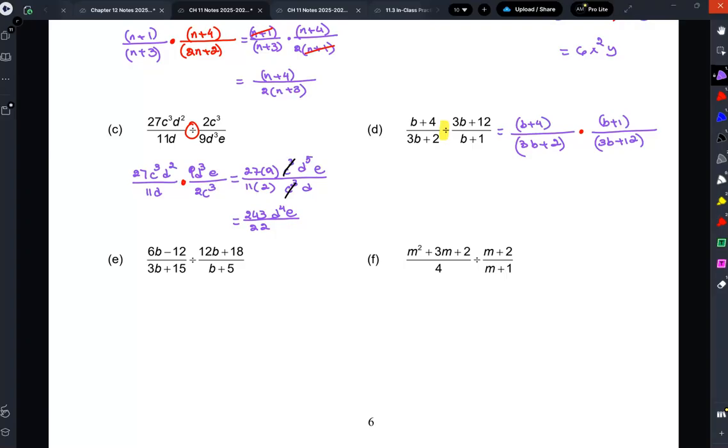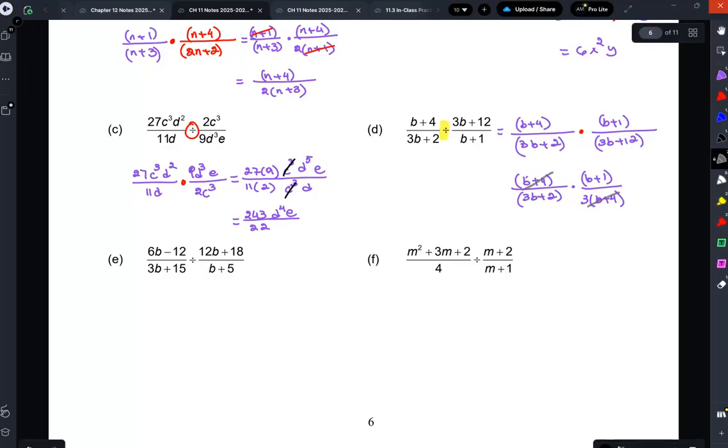Which one? The 3b plus 12. So I have b plus 4, 3b plus 2, b plus 1. Okay, you might as well factor it for me. What do you get, Kira? Take out a 3. 3 and then b plus 4. Yeah.